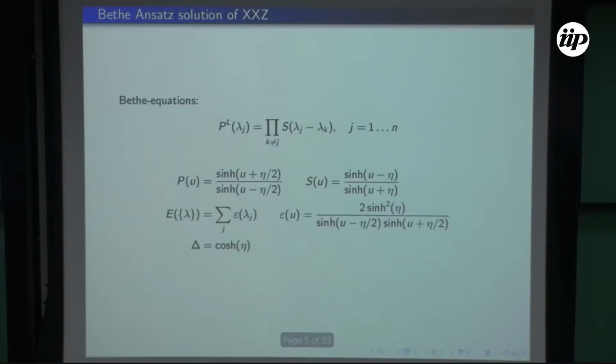And as I told you, I'm going to tell the result right away, because it's in a pretty suggestive form, and for that I just wrote down quickly the Bethe ansatz solution for the XXZ spin chain. So here we have the Bethe equation, where this capital P is the displacement, and these S are of course the scattering factors.